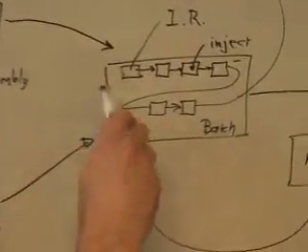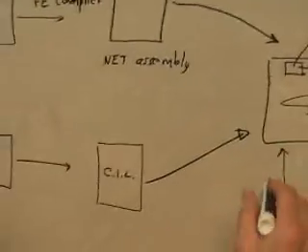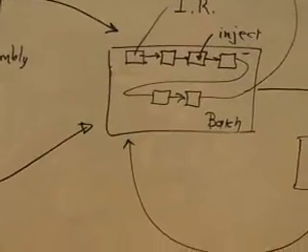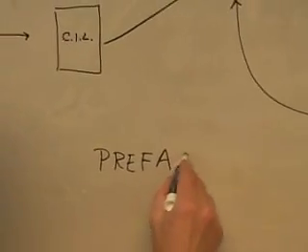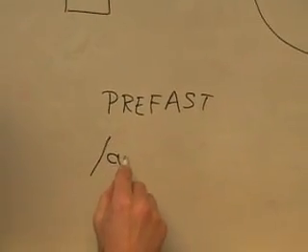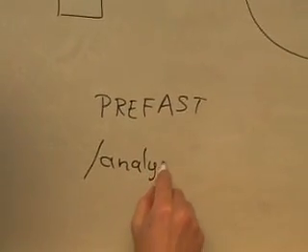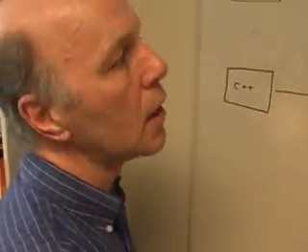That's right. So, for example, one of the groups that we're working with is the group from Enterprise Development Tools. There's a package which is called Prefast, which now ships and is, I think it's /analyze is the switch that's used to enable that. But that will analyze a C++ program looking for problems in it.